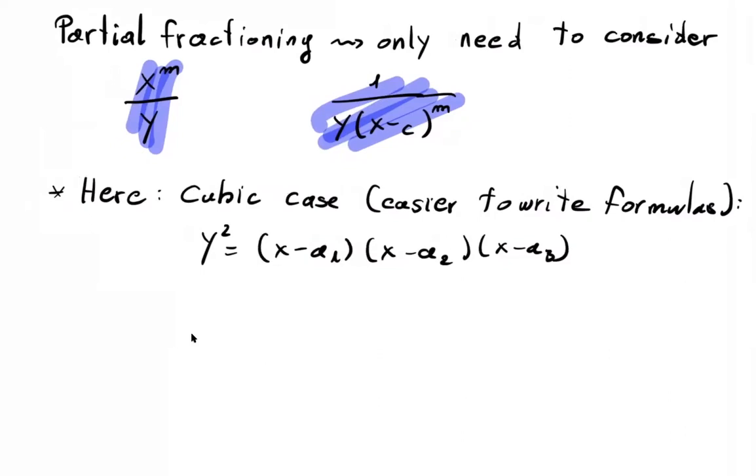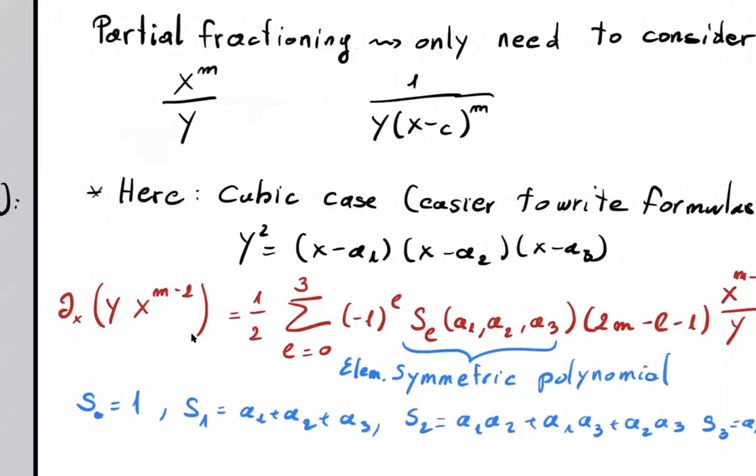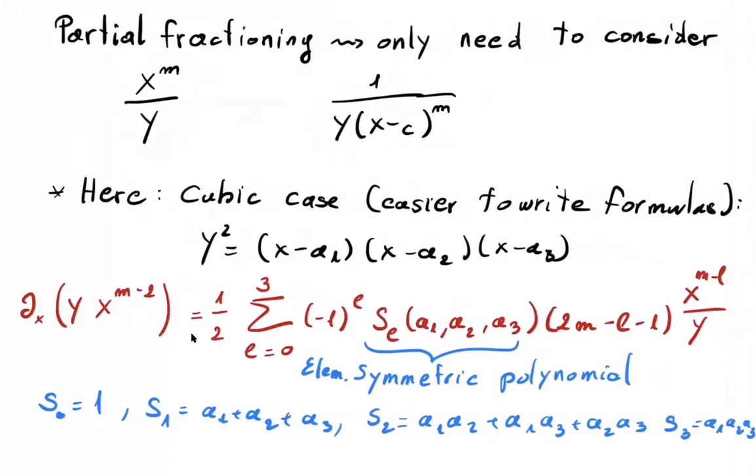Good. So what can I do? Well, I leave it to you as homework to show that the following formula holds. y, I remind you, is always to be interpreted as the square root. And the following formula holds.